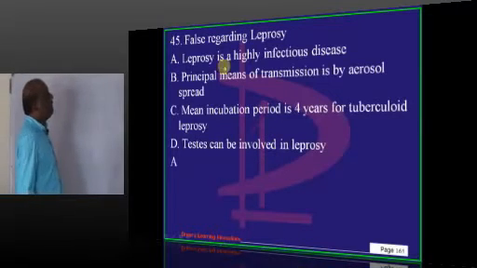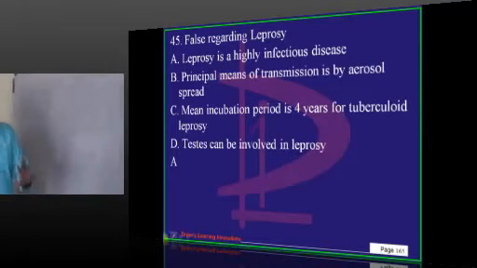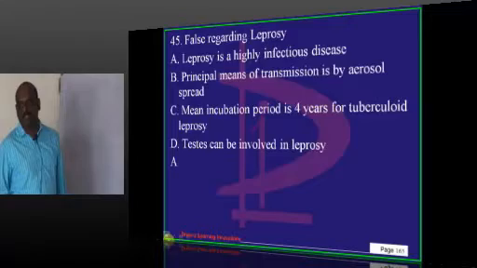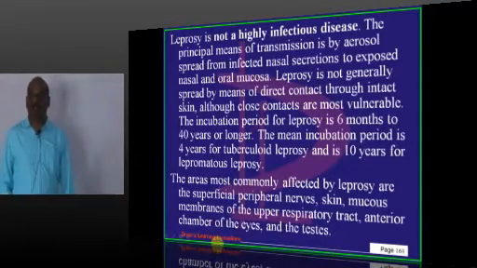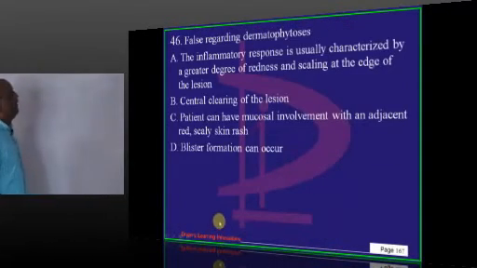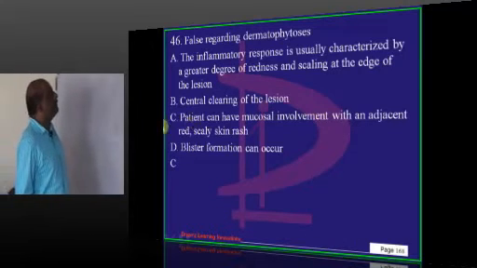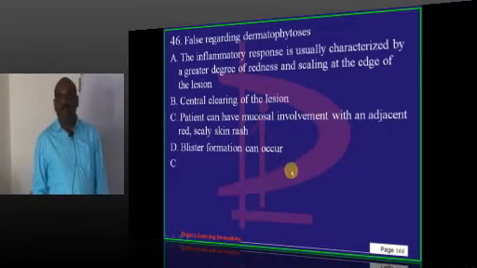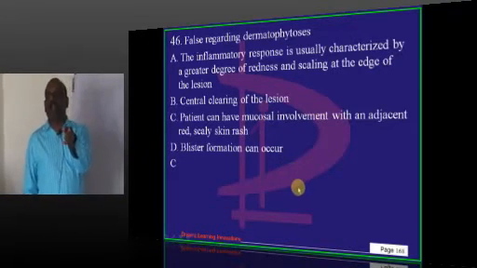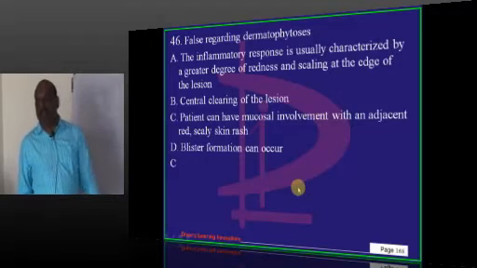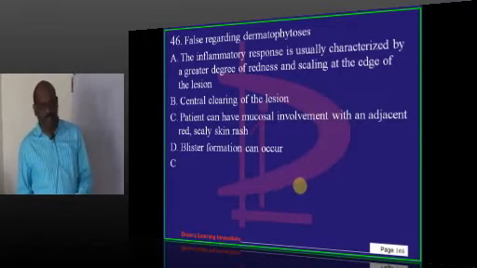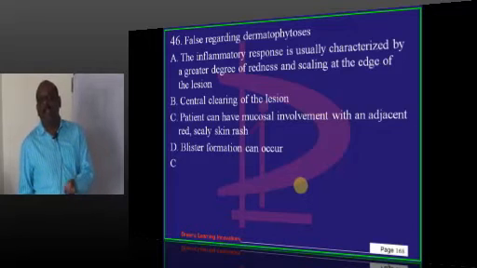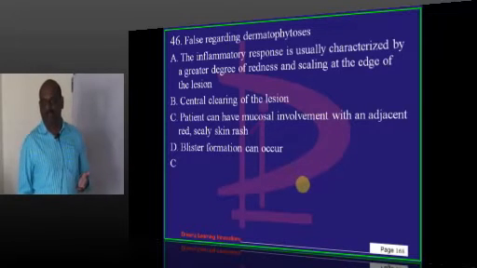So what is wrong about leprosy? Leprosy is not a highly infectious disease, unlike tuberculosis. What is wrong about dermatophytosis basically? If there is a mucosal involvement, it cannot be a dermatophyte. Tinea cruris, tinea unguium, tinea capitis, no tinea ever likes to stay in your mouth.